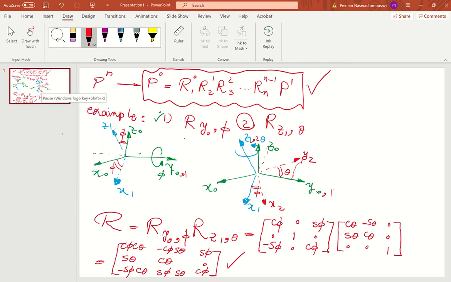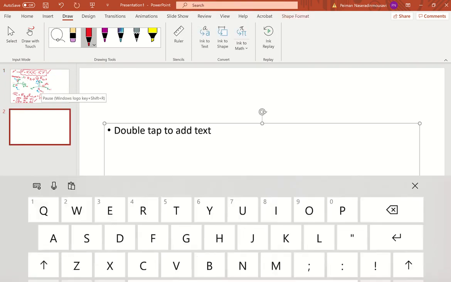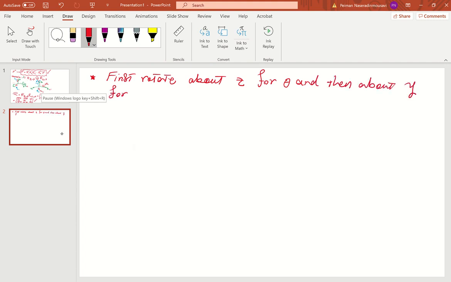Now the example continues. This time, first rotate about z for the angle of theta, and then about axis y for phi.